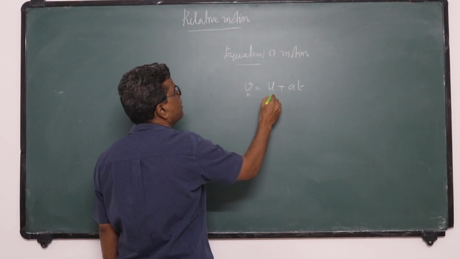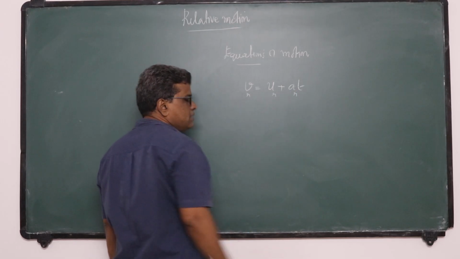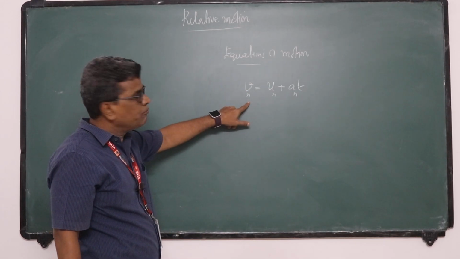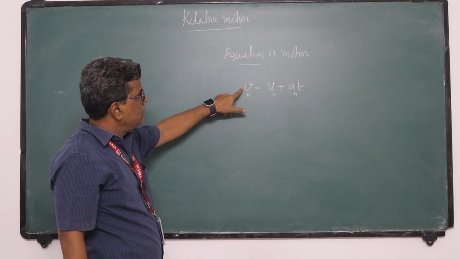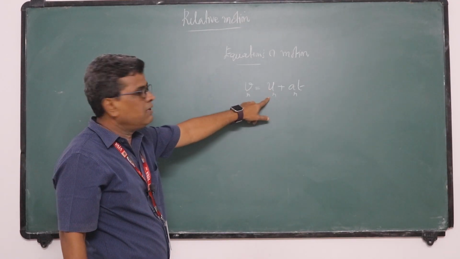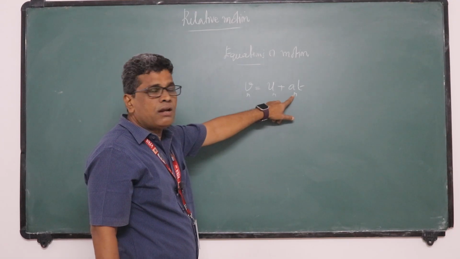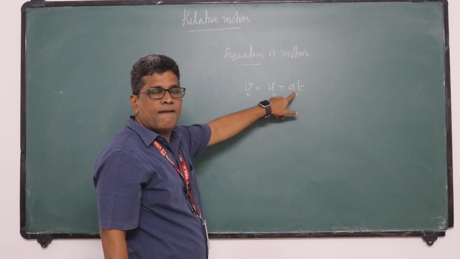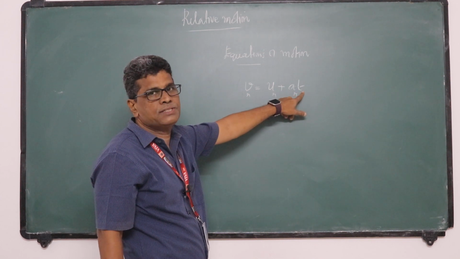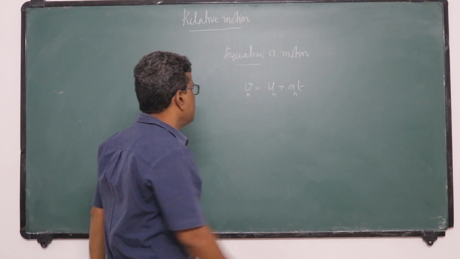I will write the suffix r. What is this suffix r? Relative: V_r is the final relative velocity between two particles, U_r the initial relative velocity, a_r the relative acceleration. t is the time, a scalar quantity.